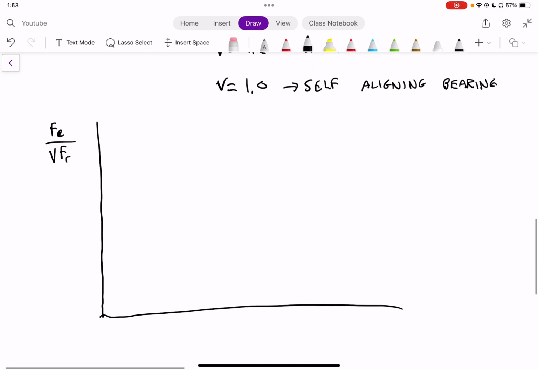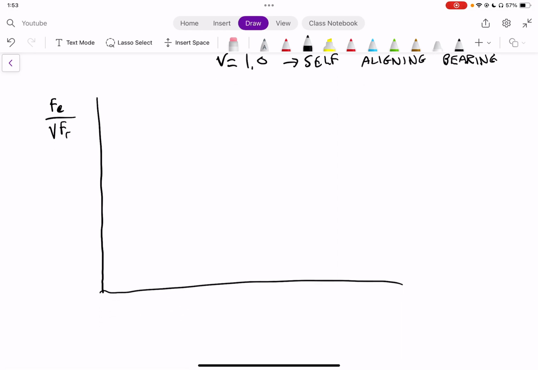Okay, so it's FE over F radial, and then we're going to map it against FA over FR. Okay, so we're looking at the difference between F equivalent over FR with the V accounting for it if we need it, and then FA over VFR, which is the axial load over the radial load.